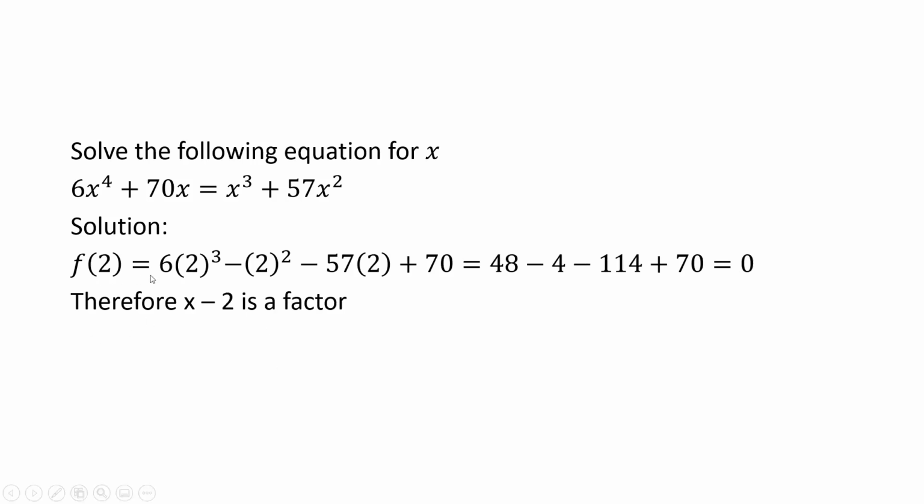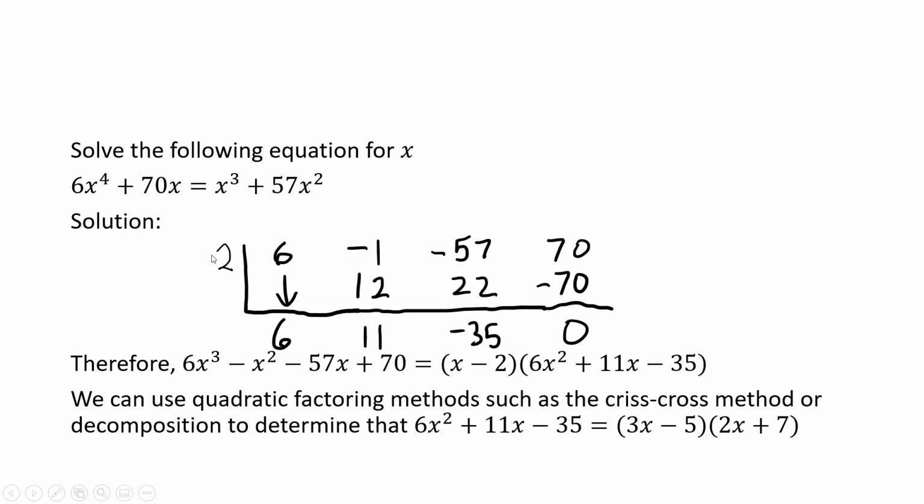F at 2 is equal to 48 minus 4 minus 114 plus 70, which equals 0. Since f at 2 equals 0, we know from the factor theorem that x minus 2 is a factor. Awesome. So we're going to use synthetic division. Our cubic was 6x cubed minus x squared minus 57x plus 70.